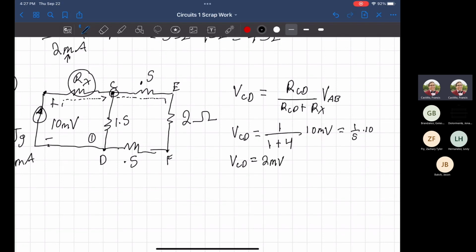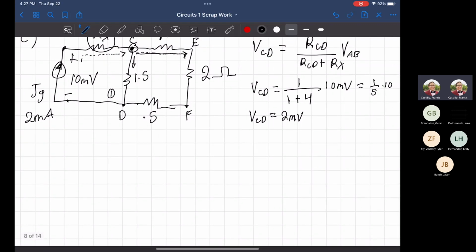Okay, so guess what? Now that we know 2 millivolts is being distributed across CD, we know the voltage flowing in is also going to be 2 millivolts. So it's going down to node B and also to node E. So you can picture it this way.